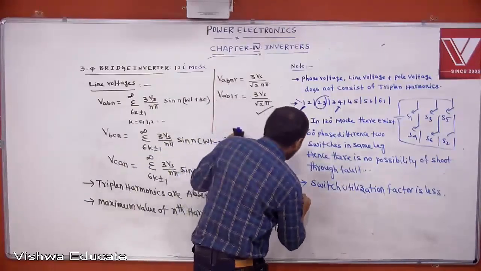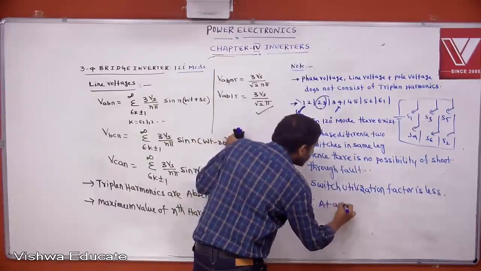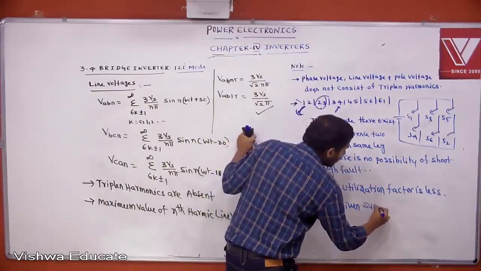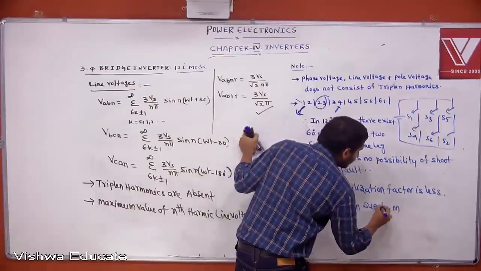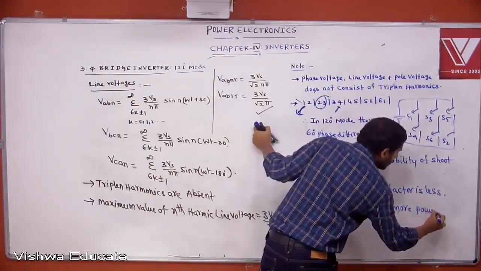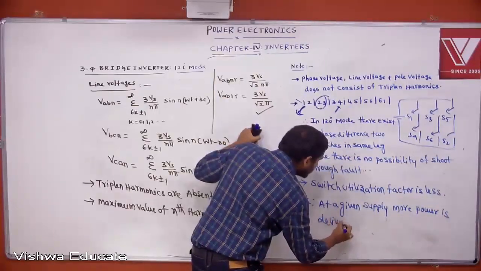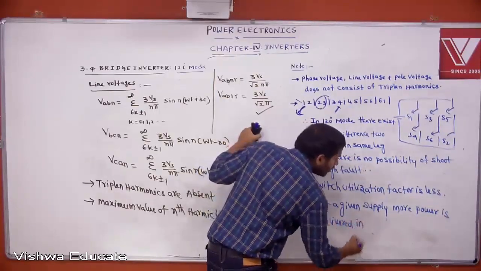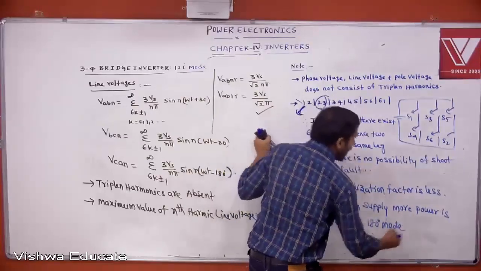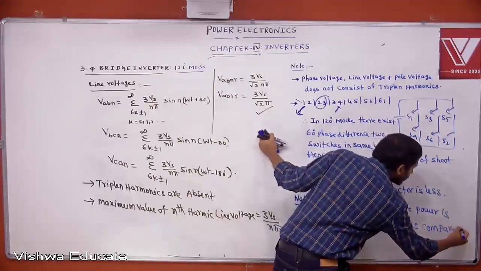That means you remember this as a note. At a given supply, more power is delivered in 180-degree mode as compared to 120-degree mode.